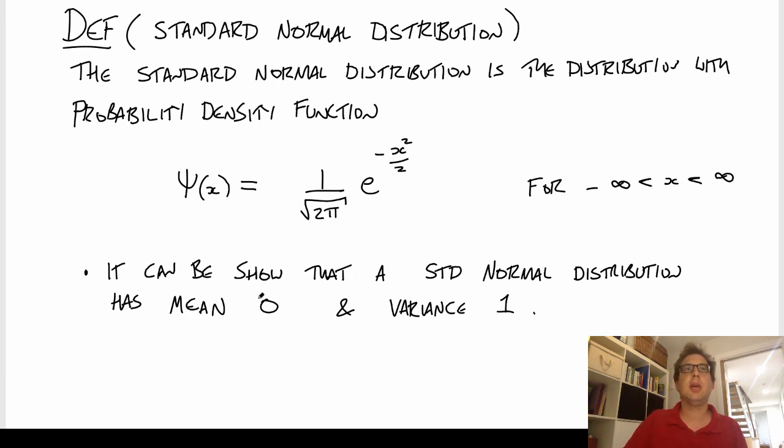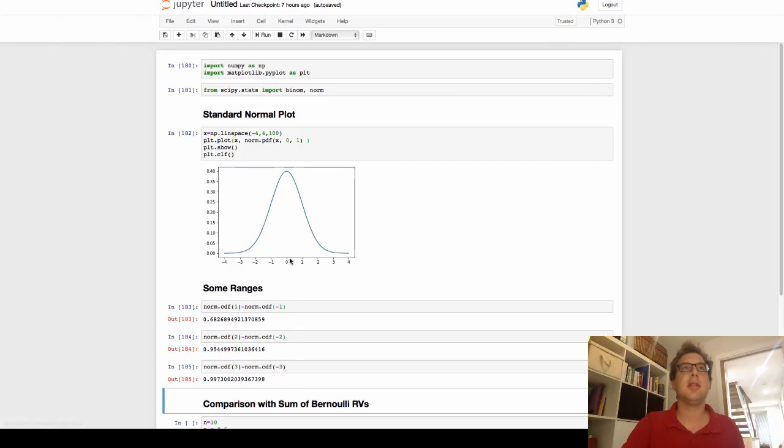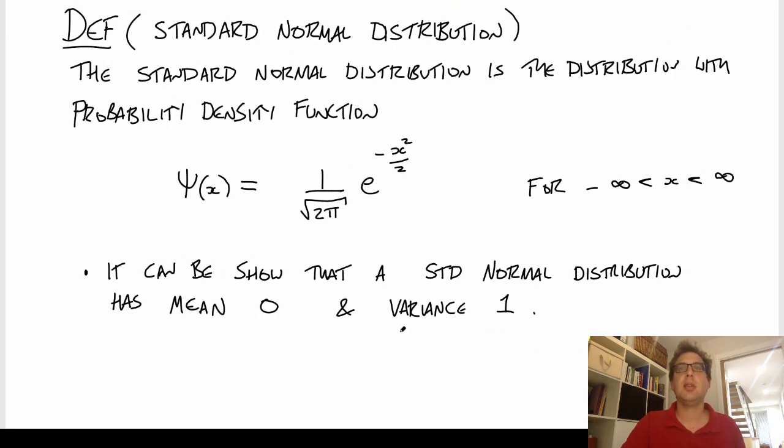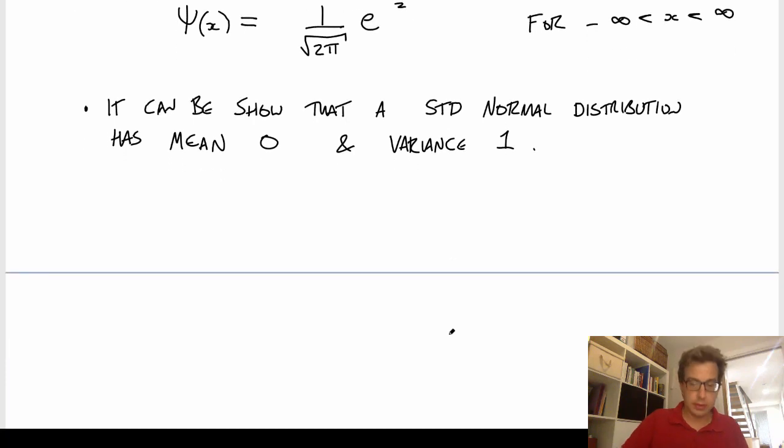It's not that surprising that the mean is equal to 0. Notice that the function is nice and symmetric at either side of 0, so the average is going to be at 0 as well. Showing that the variance is equal to 1 is a bit tougher and involves a nice trick which I won't present now, but we'll do maybe in a later video.